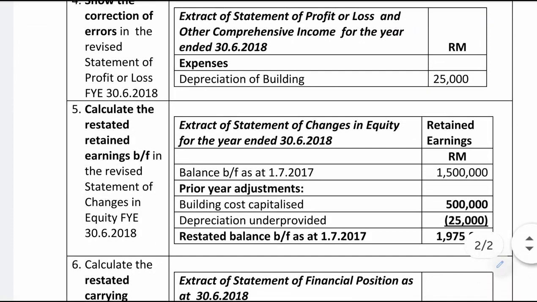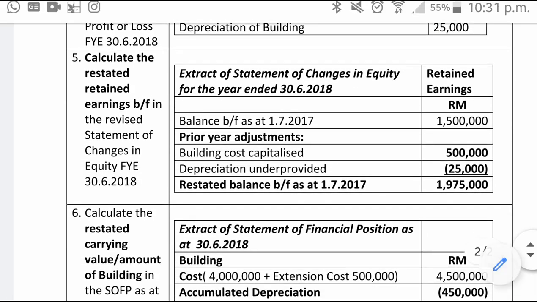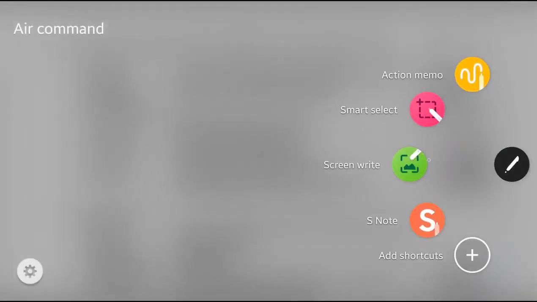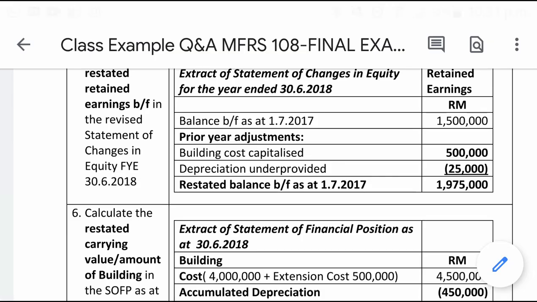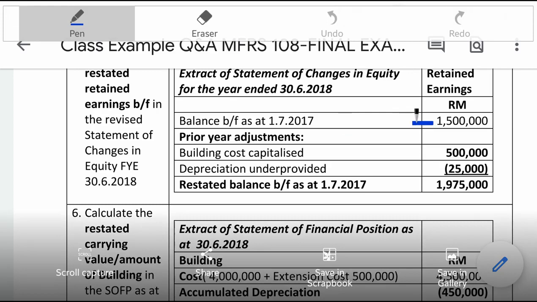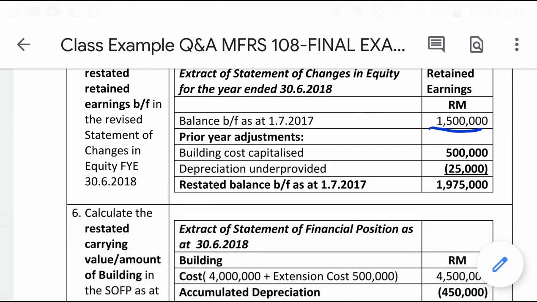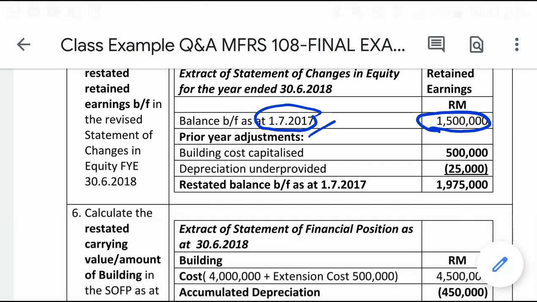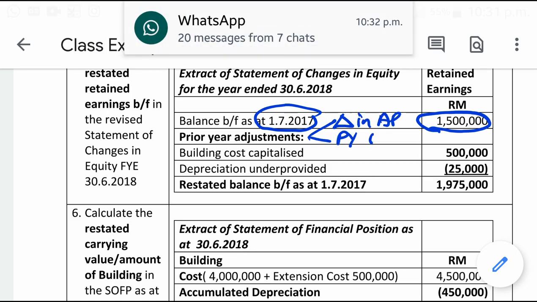Now we move on to our extract statement of changes in equity. If you look at the statement of changes in equity, one of the items that were given directly in the question is the retained profit brought forward at the beginning of the prior period, 1.5. So you need to go and incorporate the prior year adjustment. Prior adjustments are normally change in accounting policy and normally prior year error.